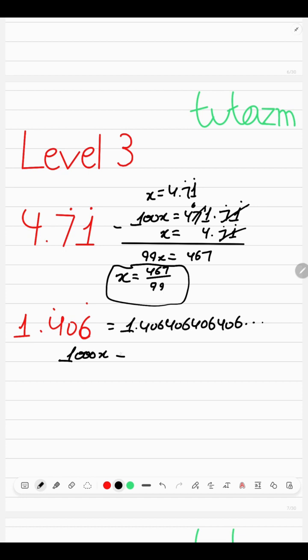is equal to 1,406.406 recurring. We can then take away x from that to get 1.406 recurring.